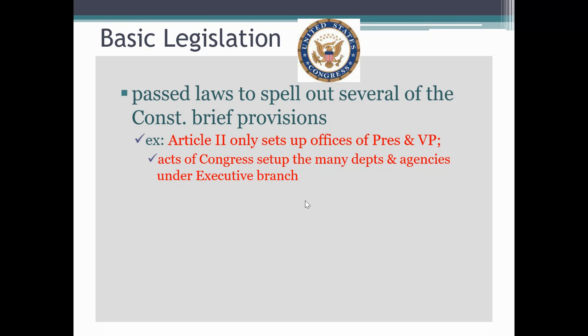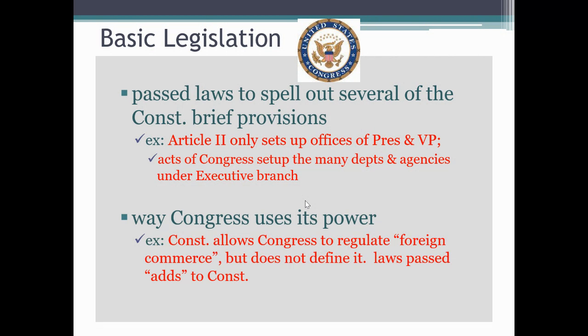There's nothing in the Constitution that says we have to have a Department of Agriculture, but it's important, in order to help execute those laws and regulations, to have specific departments that help do that. So Congress has the right to set up those offices, and it also gives them the power to set up other things under the executive branch. That's where that comes from.